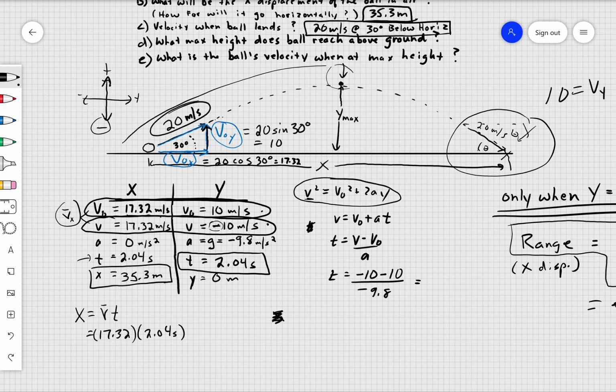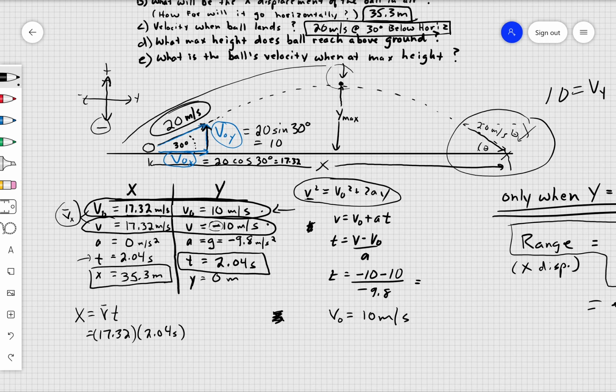So to figure out the maximum height, we don't need the X dimension for that at all. We only need the Y. And we know that it leaves the ground vertically at 10 meters per second. We figured that out already. But now, if we're talking about maximum height, forget what's going on in the X direction.